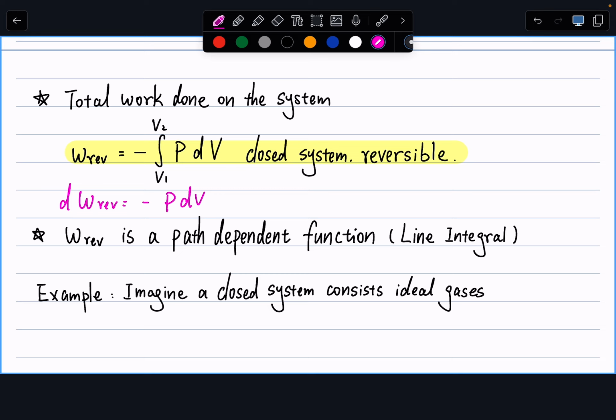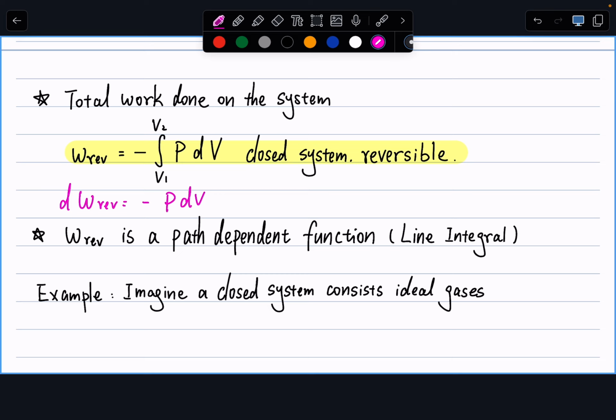It's the same PV diagram. I want to start from the same initial and final points. But in this case, we're doing our isobaric expansion first. So we go from here, that's my A prime, and then my B prime, which is the isochoric pressure change.